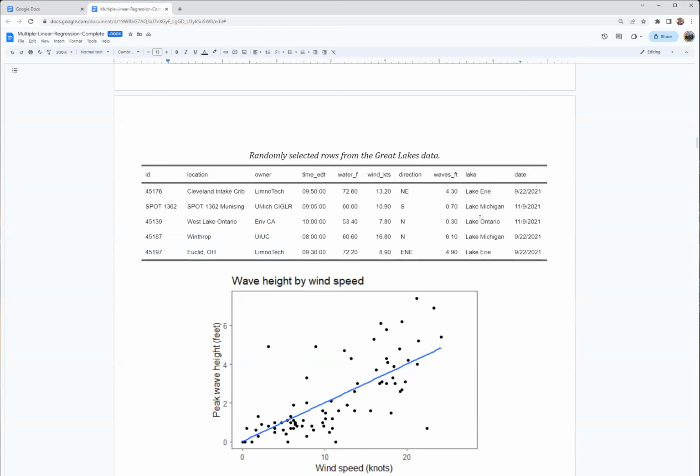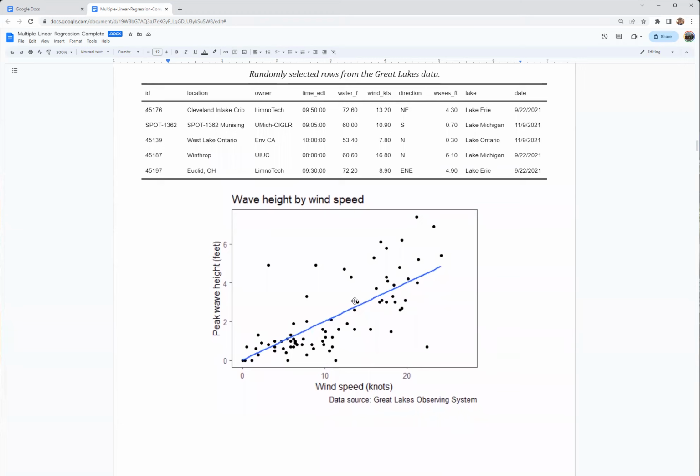So we can already see maybe there's a relationship between the wind speed and the wave heights, just eyeballing some of the data here. And if we plot the data, there's some noise, but there certainly seems to be a positive linear relationship between the two. As it's windier, the wave heights are taller.